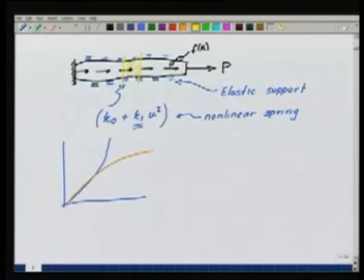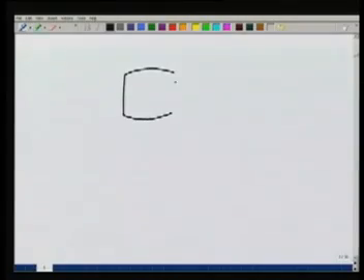Now, the question is, how do we bring it into our formulation? What will change with respect to our formulation? Again, I will take a small piece at a distance x, and in that piece I look at equilibrium. Here is the force Fx delta x. Here is the axial force F at x plus delta x.